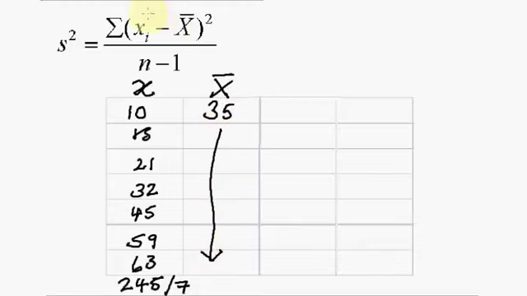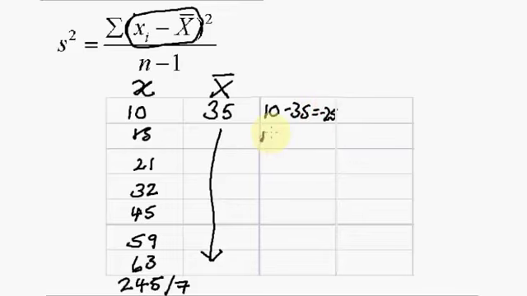Next column over, I'm going to work this top part of the formula here: x of i minus x bar. So I'm going to take my x value and subtract the mean. 10 minus 35 is negative 25.